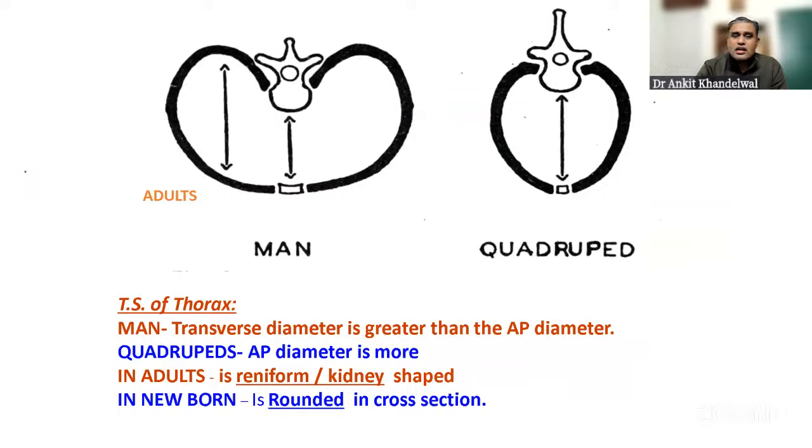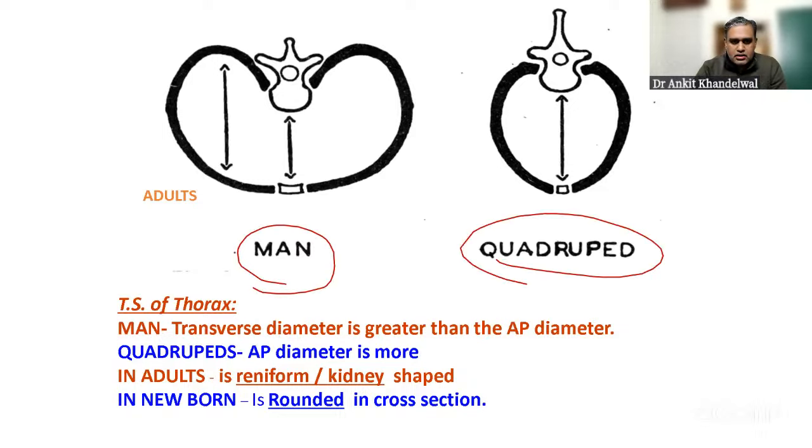Just a slide over here to show you the basic differences between the thoracic cavity of a human being and a quadruped. Quadruped means four-legged animals. Humans are bipedal, that is walking on two legs. You can see that in humans, the transverse diameter is more than the AP, anterior-posterior, diameter.